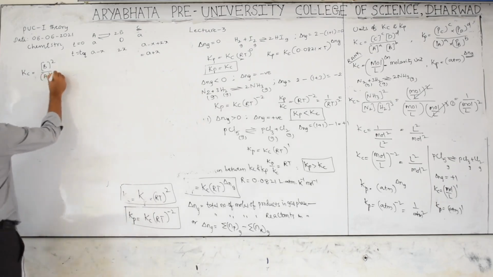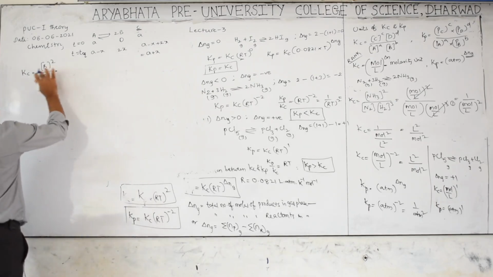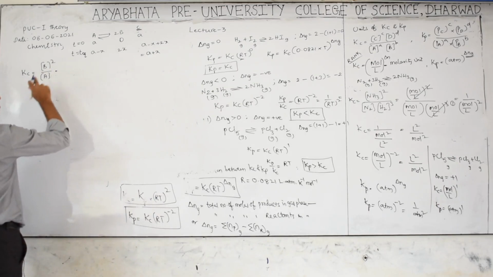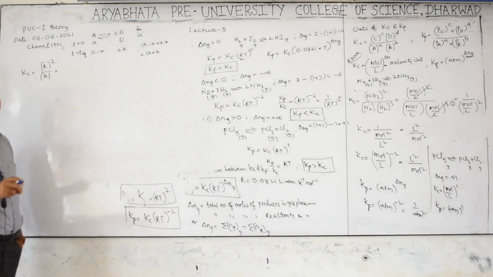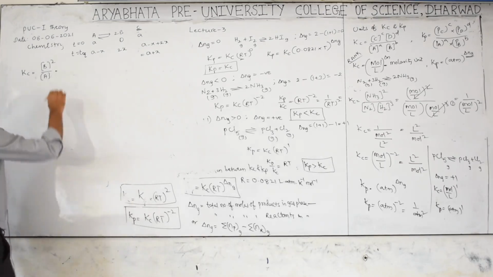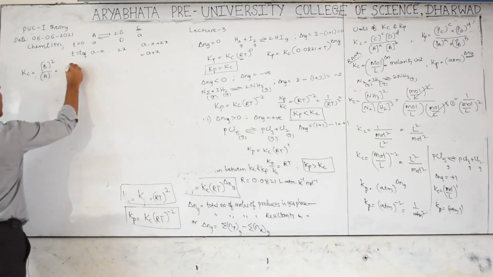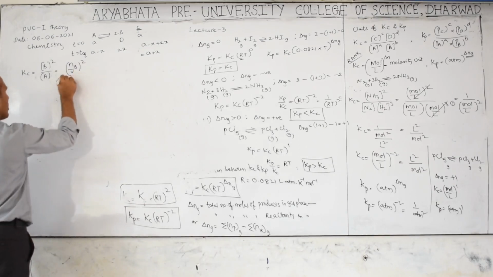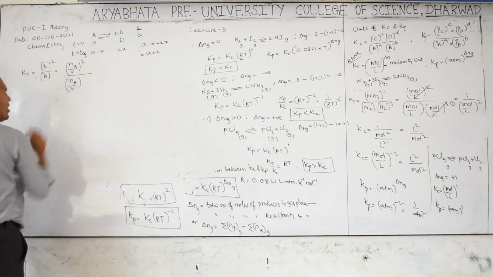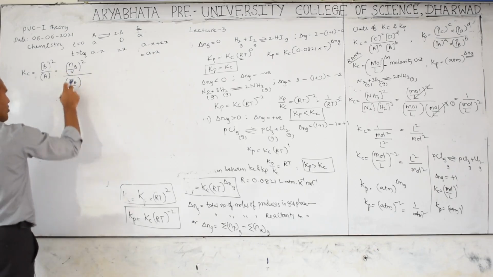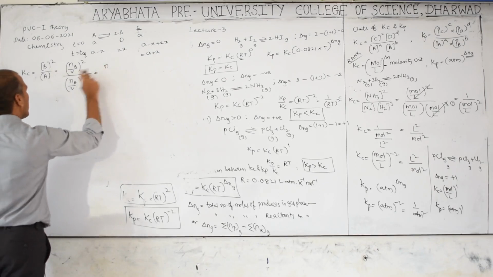Now in this case what do we write? Volume is constant here. Concentration means the number of moles, so the number of moles of B by V whole square, in the denominator number of moles of A by V. Then one V cancels, then what will be left?